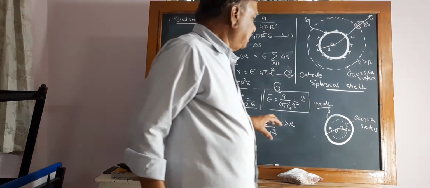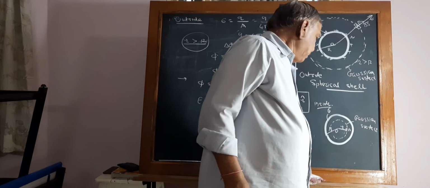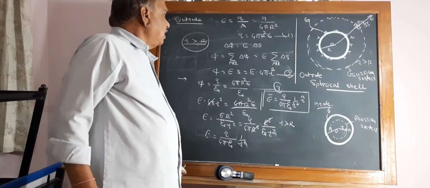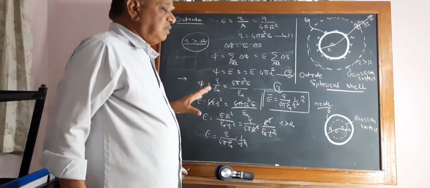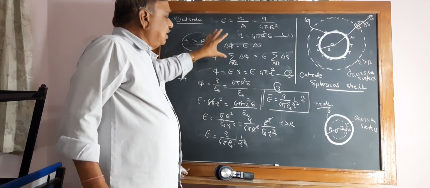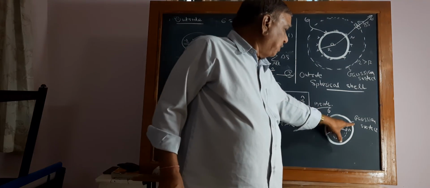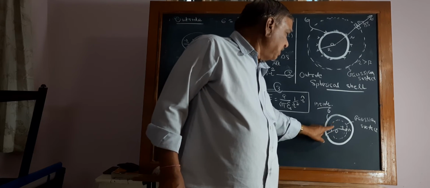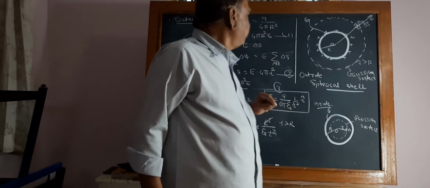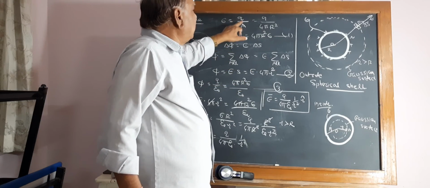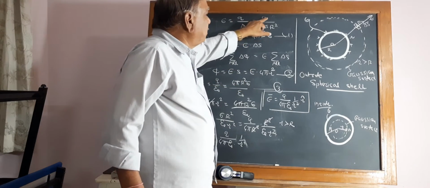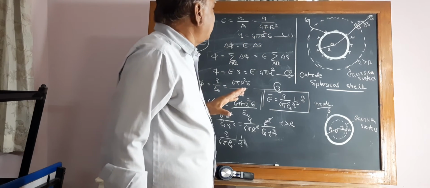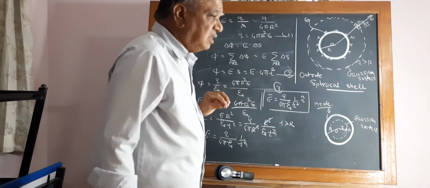Now we are discussing the last point, the field inside the spherical shell. Now consider the same theory. As you know, a spherical shell of radius R with center O with surface density sigma. So sigma equal to Q by A, Q upon 4 pi R square, or Q equal to 4 pi R square sigma.